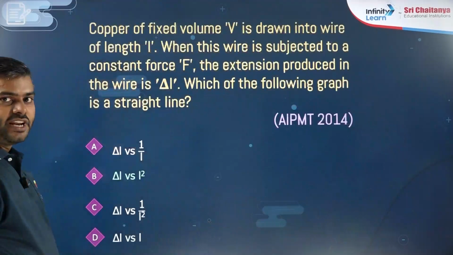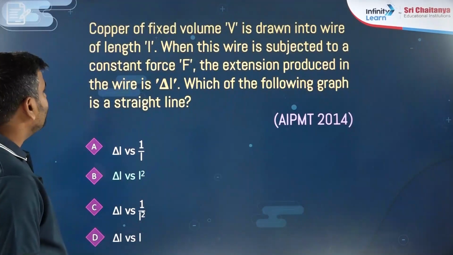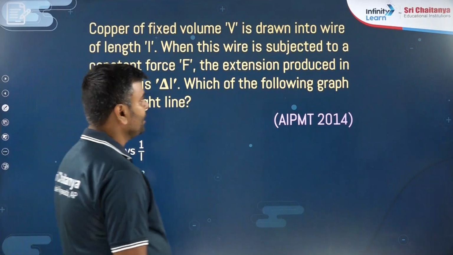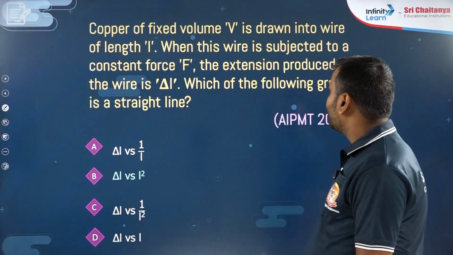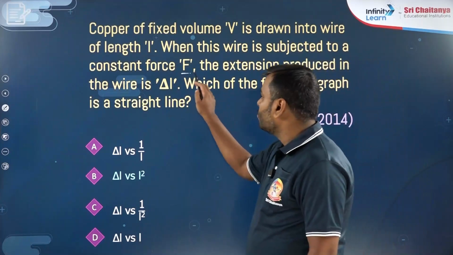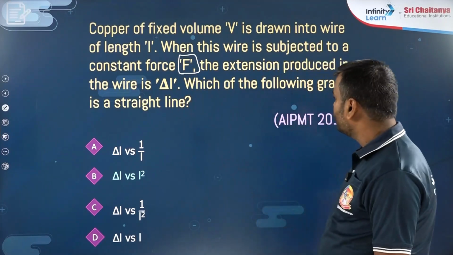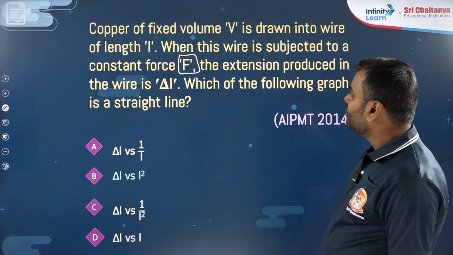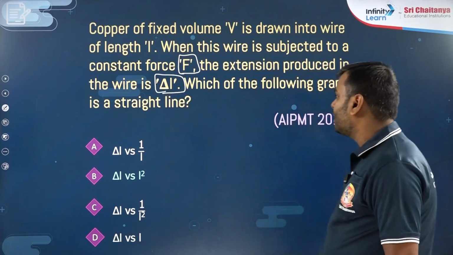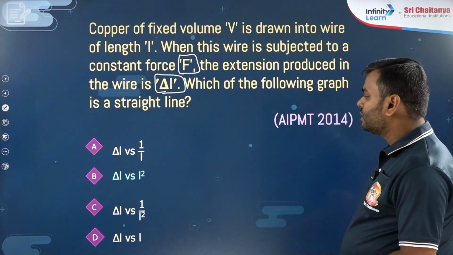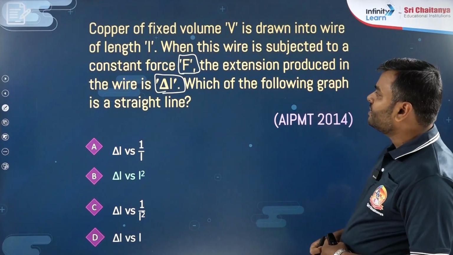Okay, so the next question we have here is: copper of fixed volume is drawn into a wire of length L. When this wire is subjected to a constant force, the extension produced in the wire is delta L. Which of the following is a straight line?